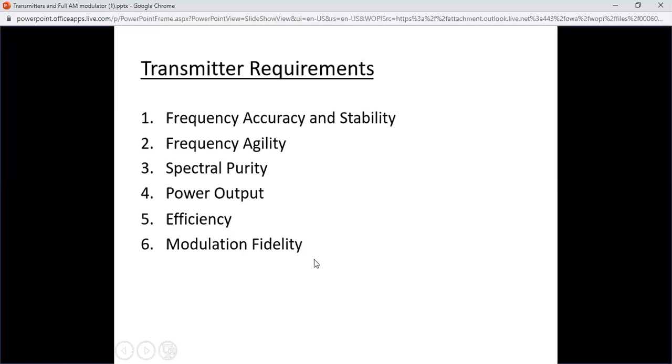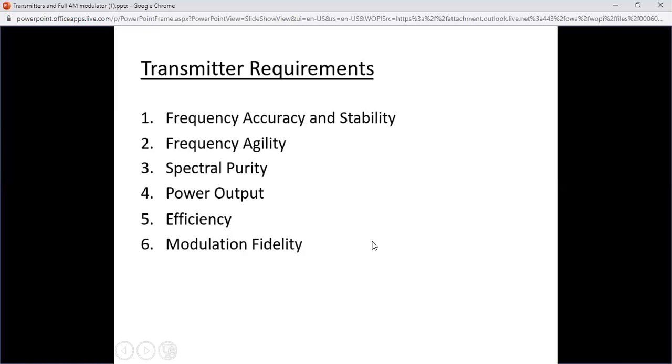The last requirement is the modulation fidelity. In order to have an ideal communication system, the original signal should be recovered exactly at the receiver. So the transmitter should modulate any baseband frequency onto the carrier at any modulation level, so that the baseband spectrum must be restricted to keep the transmitted bandwidth within the appropriate limits.